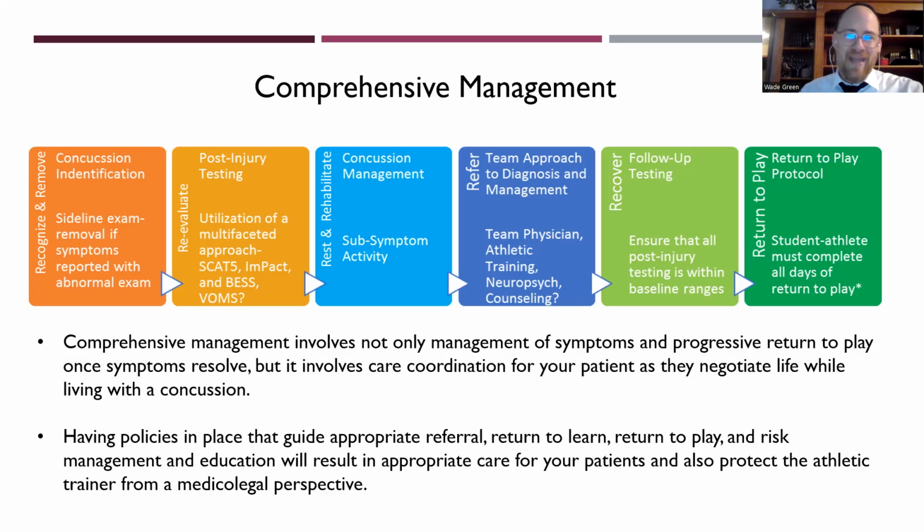When can they handle academic, basically cognitive, demand on the brain? Obviously return to play or return to work, depending on the situation, and then risk management and education. All of these things are vitally important in the formulation of any comprehensive concussion management plan and or concussion policy.